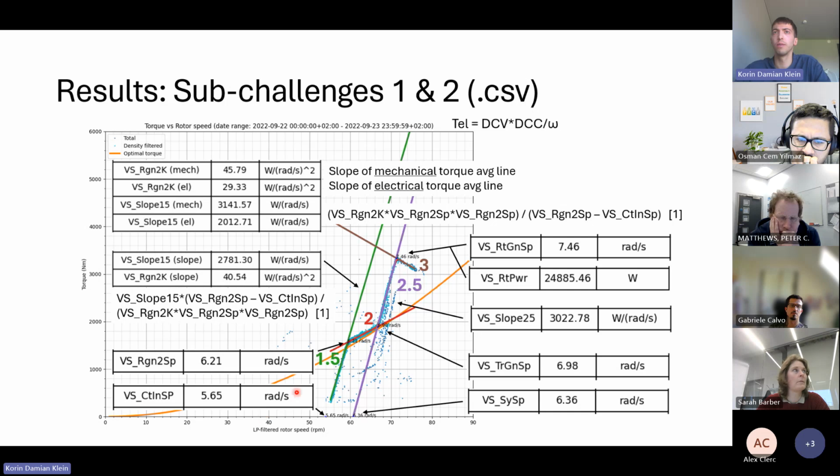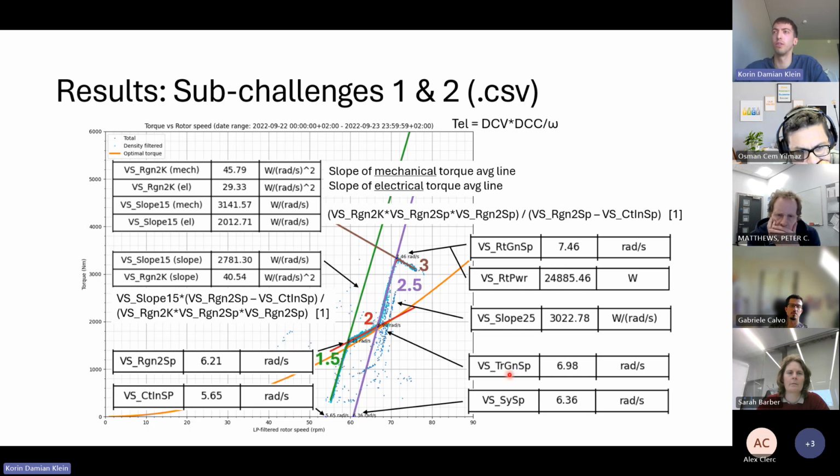Exactly. Starting with the cut-in speed down here, this is representing the intersection between the region 1.5 average line and the torque is equal to 0 line. The region 2 speed is extracted from the intersection between the region 1.5 average line and the region 2 average line.